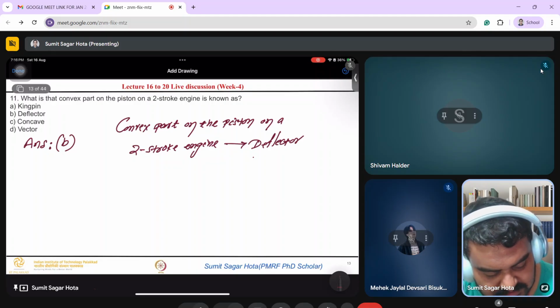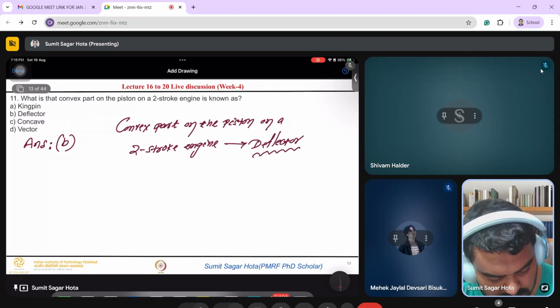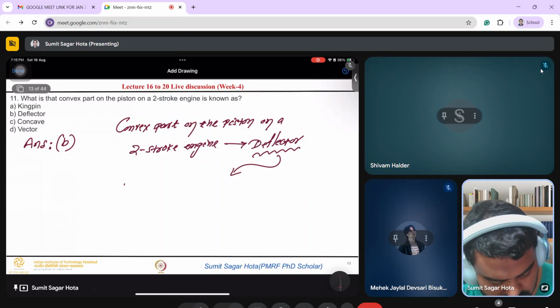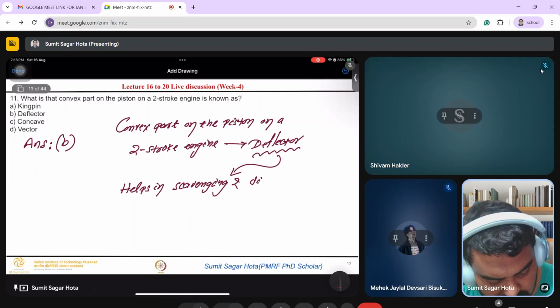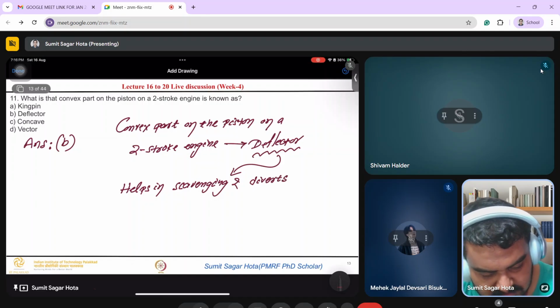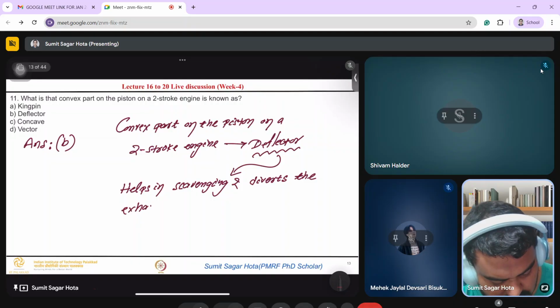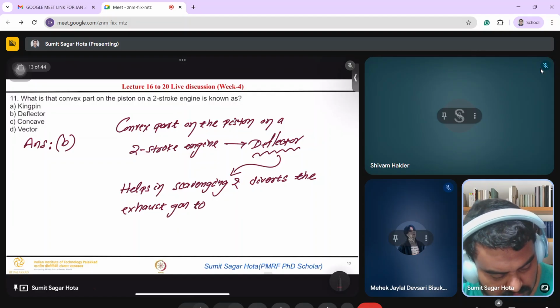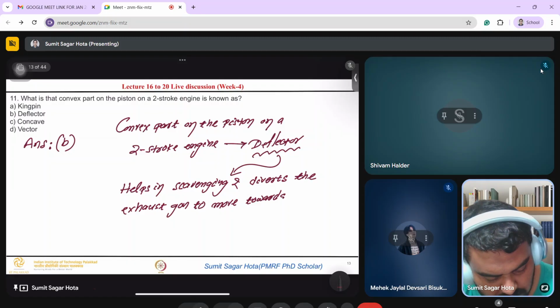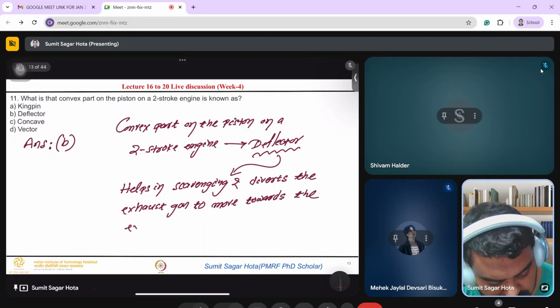Now what is the work of this deflector? It helps in scavenging and diverts the exhaust gas to move towards the exhaust port.